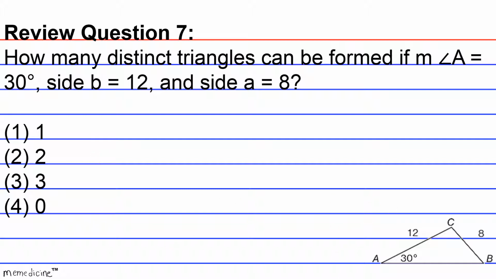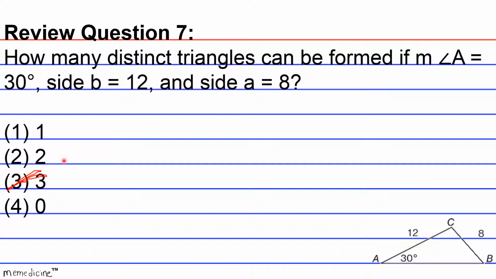So automatically, right away, we can eliminate answer choice 3 because, as I just said, with the ambiguous case, only 0, 1, or 2 triangles can be drawn. All right, so now let's get into solving.